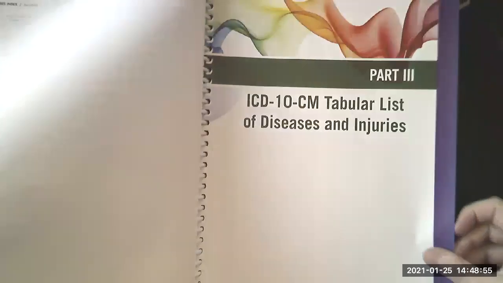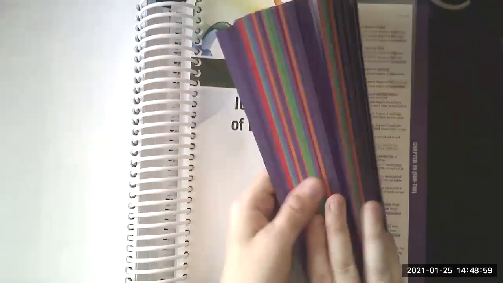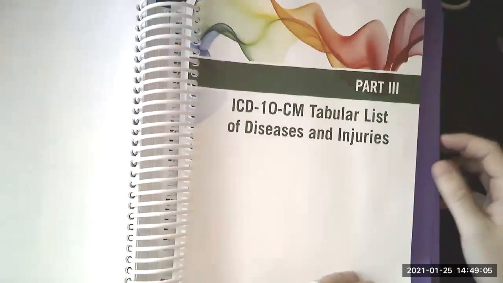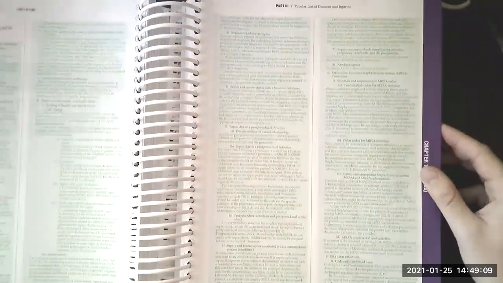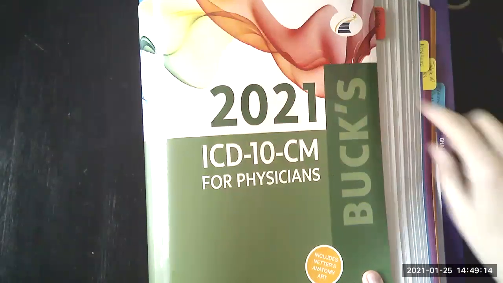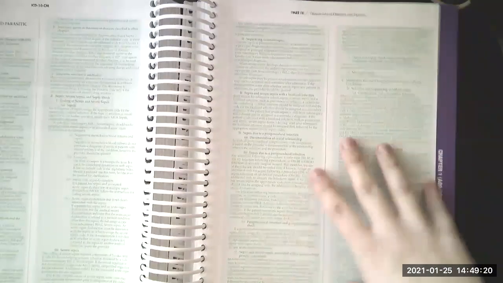And we will skip up now to the tabular. So the tabular is where all the specific diseases are listed in here. So you are going to go through and like I said, these are the guidelines. So what we saw way back in the front in the red section, they're all listed at the beginning of the section that it applies to.